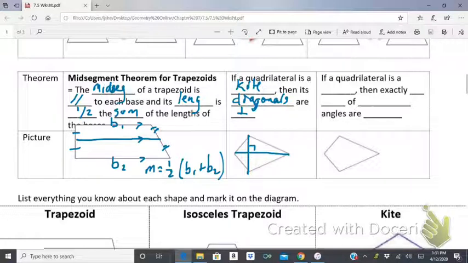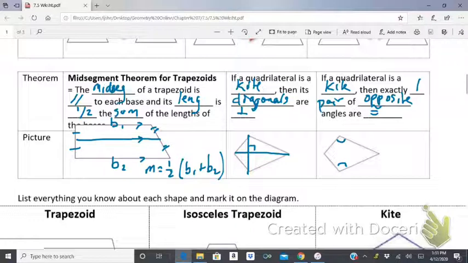And then finally, the last theorem is if a quadrilateral is a kite, then exactly one pair of opposite angles are congruent, and it's obviously not these two pairs. Those two pairs don't look like they're the same, so it's these two pairs. Those two pairs are the ones that look like they're the same. Okay? So that's all the theorems.